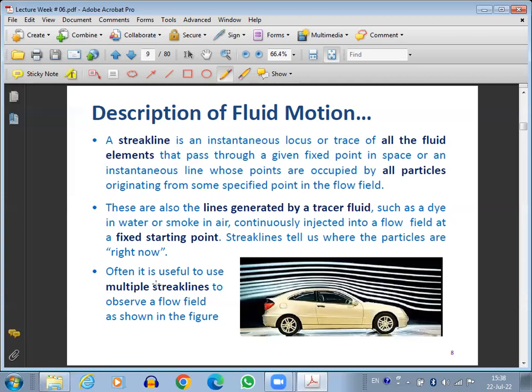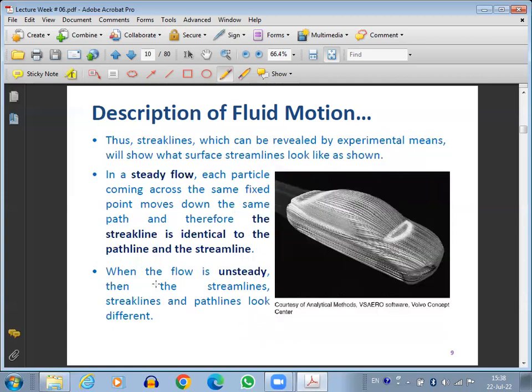Normally, if we have a steady flow, smooth flow, then the path line, streak line, and streamline will all be the same.